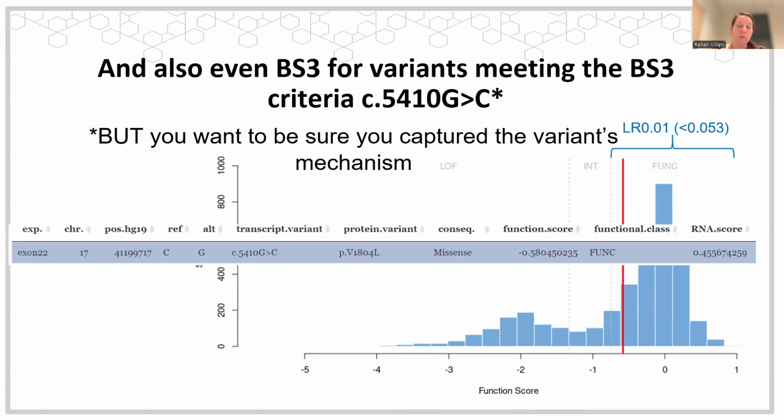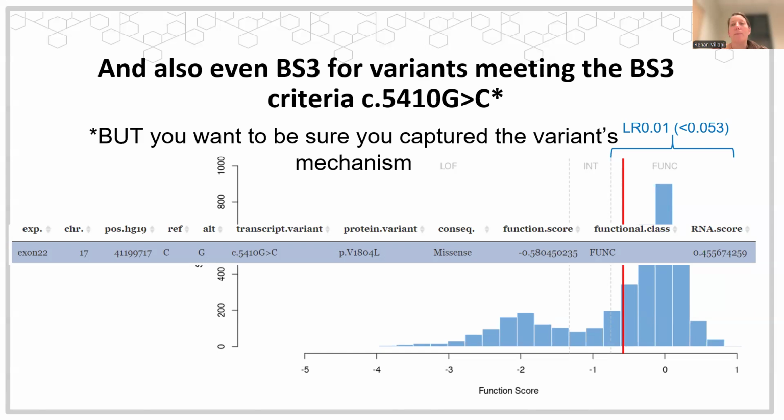However, using the same assay, this variant, which scores 0.455 minus 0.58, scores within the functional category, which is calculated to have a likelihood ratio of 0.01. This is sufficient for benign evidence, or BS3.